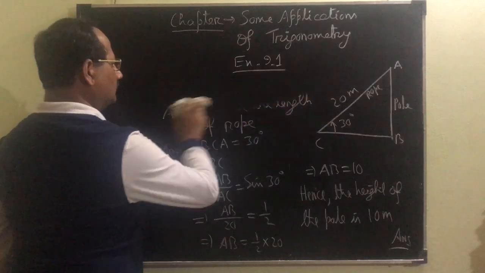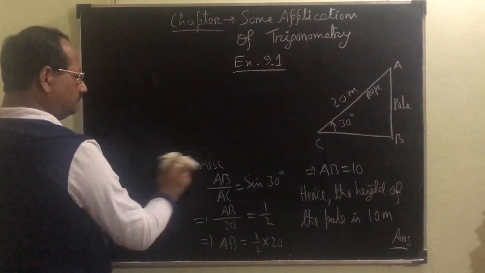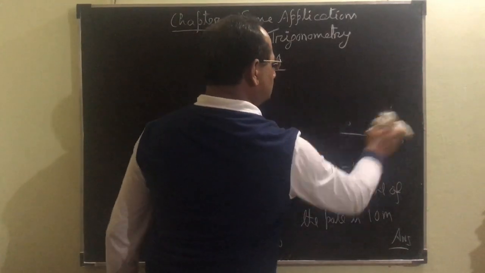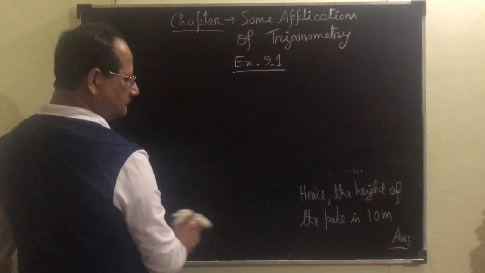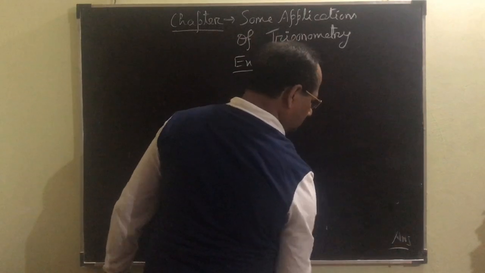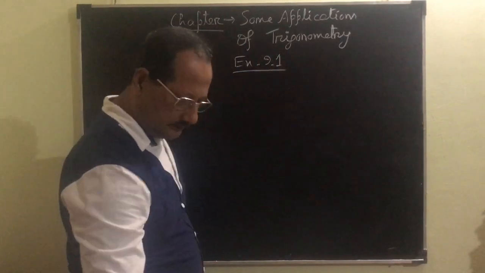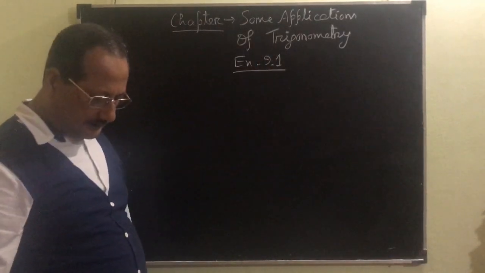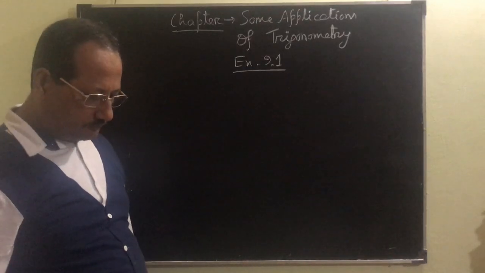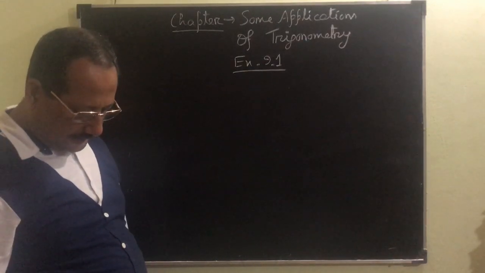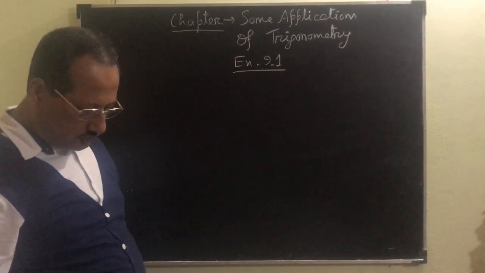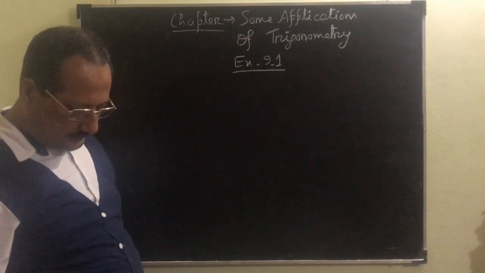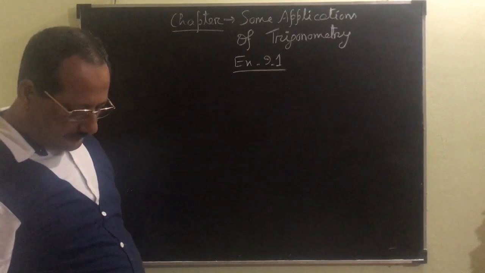Okay. So next problem. A tree breaks due to a storm and the broken part bends so that the top of the tree touches the ground, making an angle of 30 degrees with it.